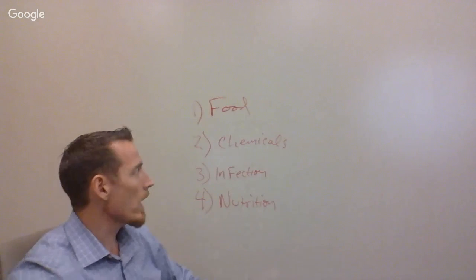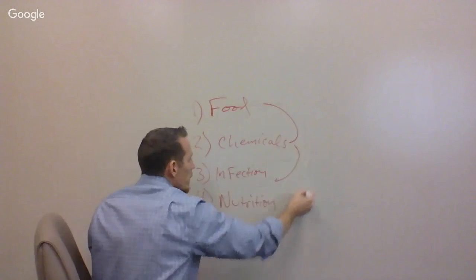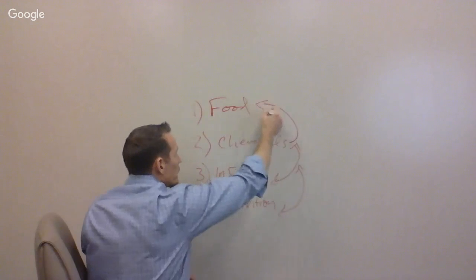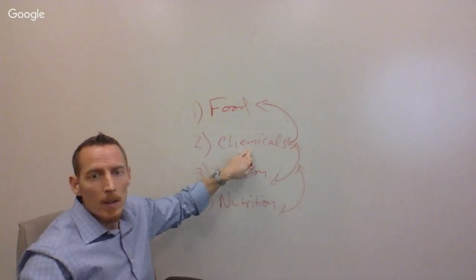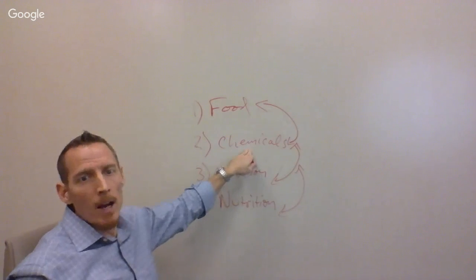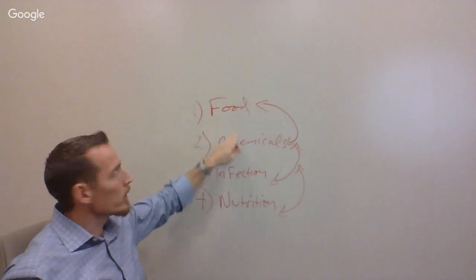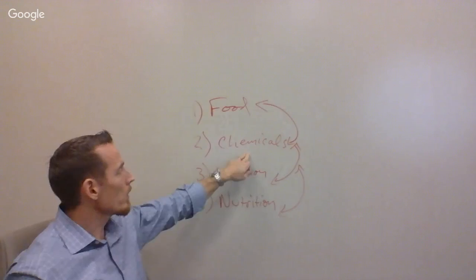So understand that each one of these things feeds into each one of these things. You've got arrows going from one to the other. In essence, eating the wrong food can make your body less capable of detoxifying chemicals. Eating the wrong food, causing inflammation, can make your liver less available to detoxify chemicals.